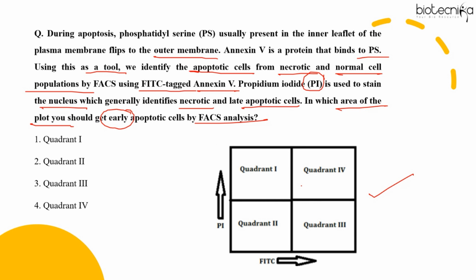But the additional feature, which is the advancement, is that you can also sort the cells. Like if you have a mixture of immune cells, B cell, T cell, natural killer cells, you can separate them in different tubes. So this advancement in conventional flow cytometry is called FACS, fluorescence activated cell sorting.